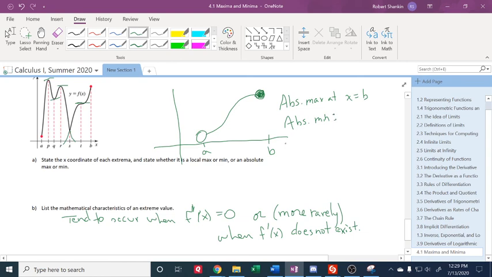Can anybody tell me what is the absolute min? Where does that occur on this function? When x is a plus 1. Right. You would have to add something to a. Because if you just said the absolute min occurs when x is a, well, a is not part of the interval.